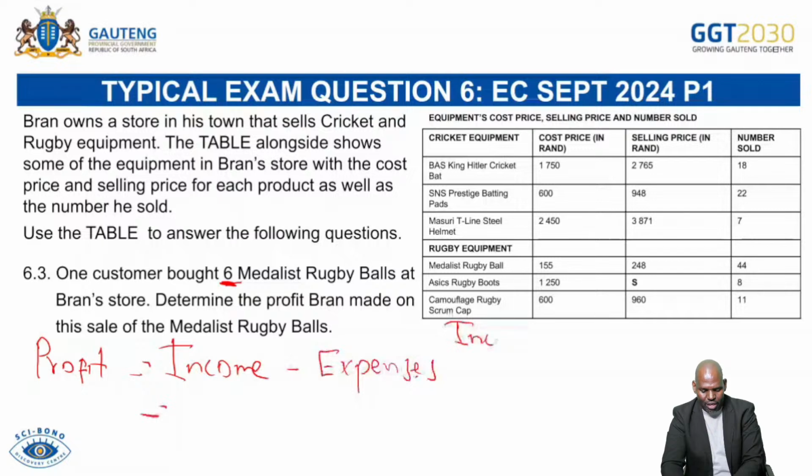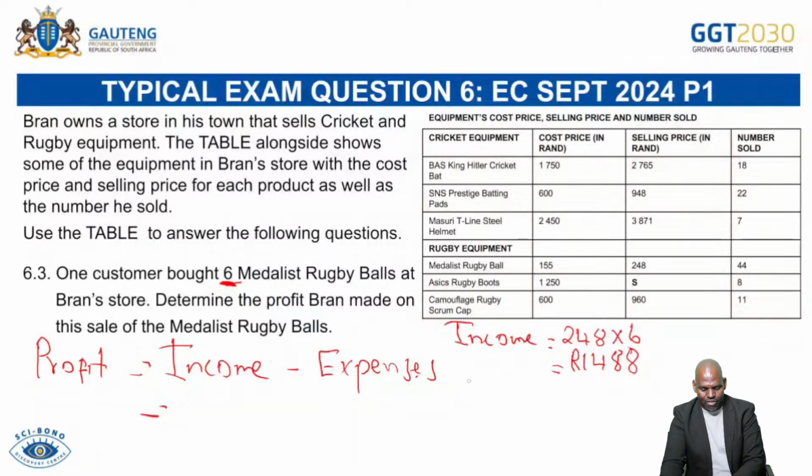But now we must first calculate an income. Income will be, in this case, income of the medalist rugby balls. So its income will be 248 multiplied by 6. If I take my calculator, 248 multiplied by 6, then I get 1,488.